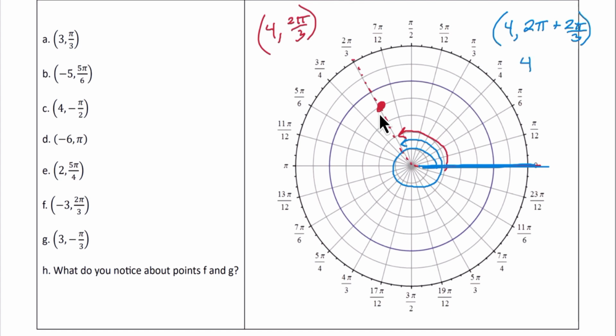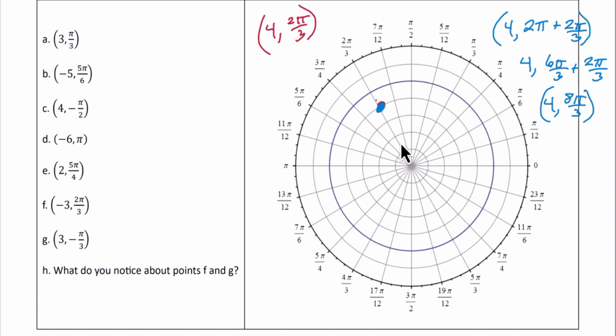So that would be 4, and 2π we can represent as 6π/3, plus 2π/3. That will give us (4, 8π/3). That is one alternate way to represent that exact same point. And instead of rotating around once, we could rotate around 2 times and then back to 2π/3, and again and again. We could rotate around as many times as we want.